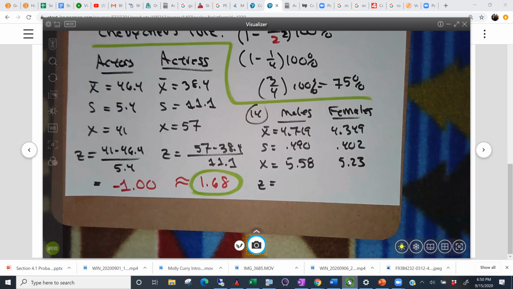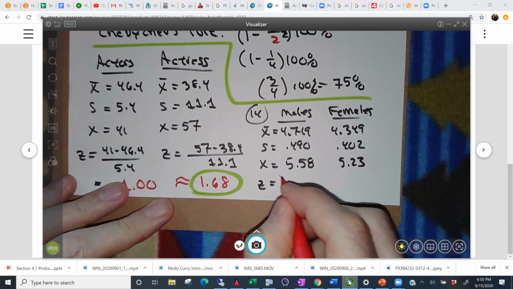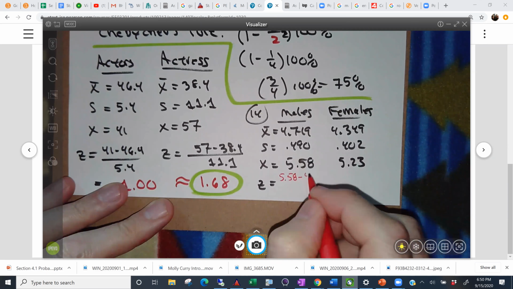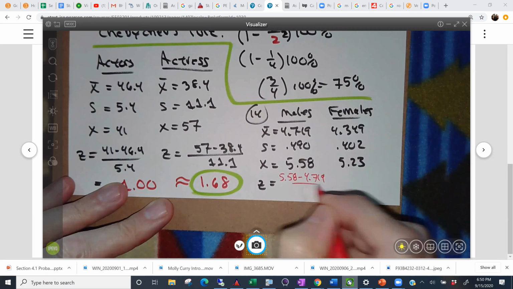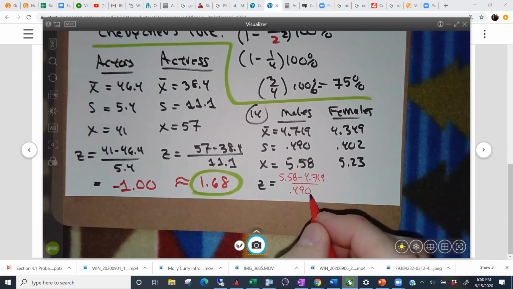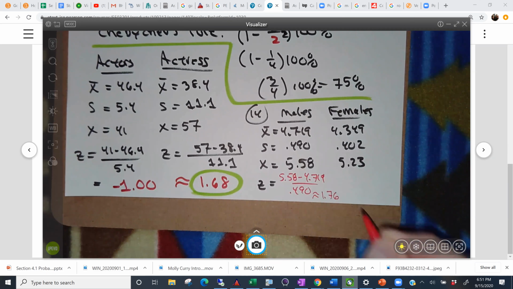So 5.58 minus 4.719 divided by 0.490. And we'll round that off to the nearest hundredth. Can someone verify this? Negative 1.76. Yep.